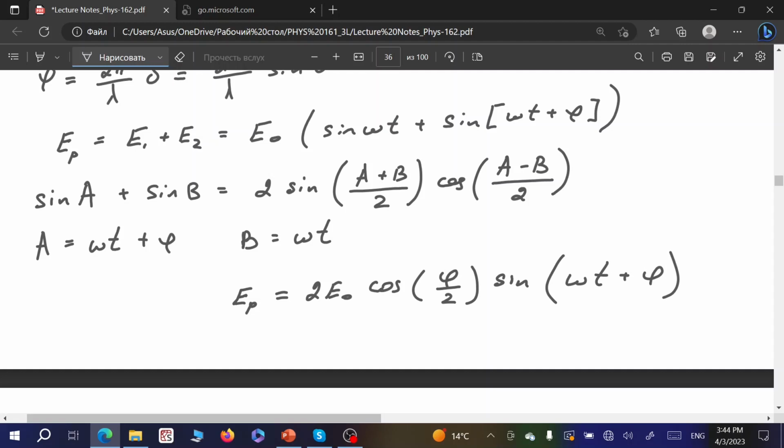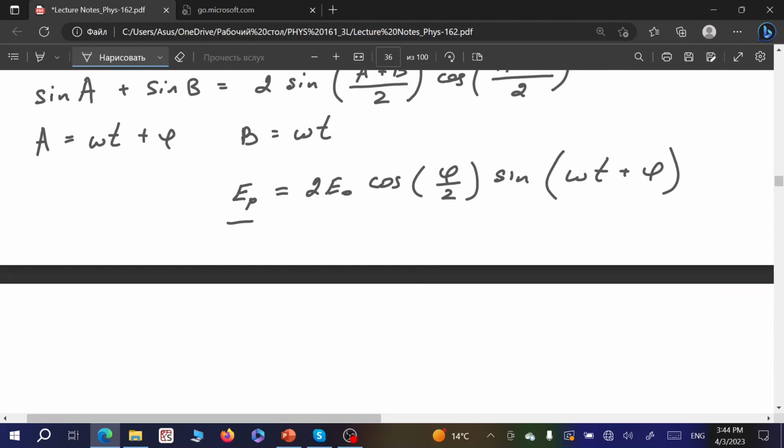So this is the distribution of electric field as a function of time and phase shift. And here we have the amplitude. This parameter is time independent, so that is actually our amplitude of the electric field, and this is 2 times E naught cosine phi over 2.